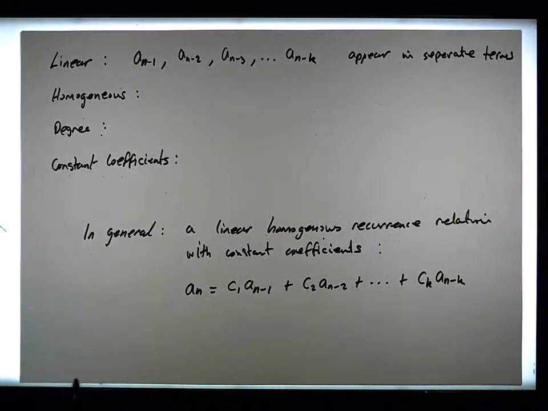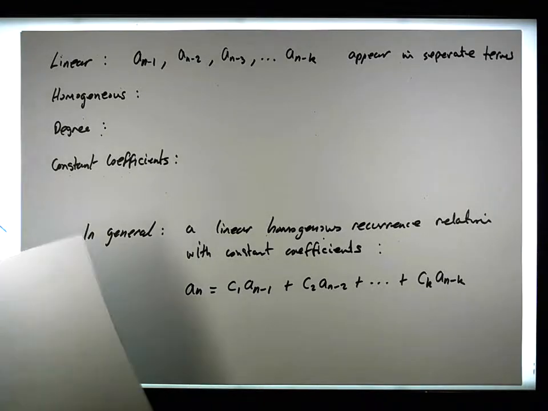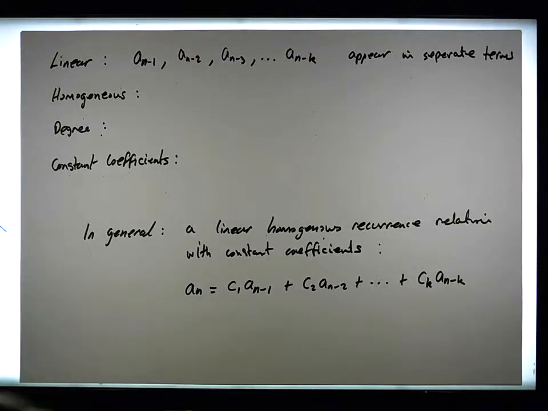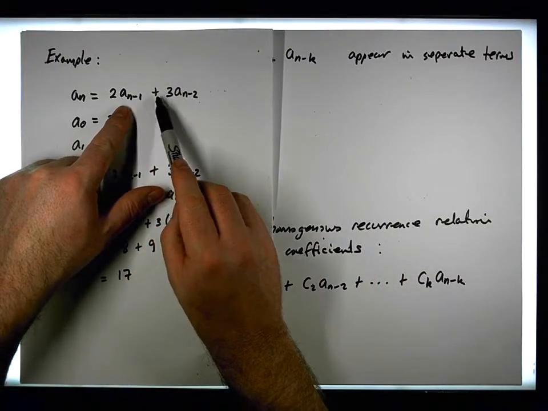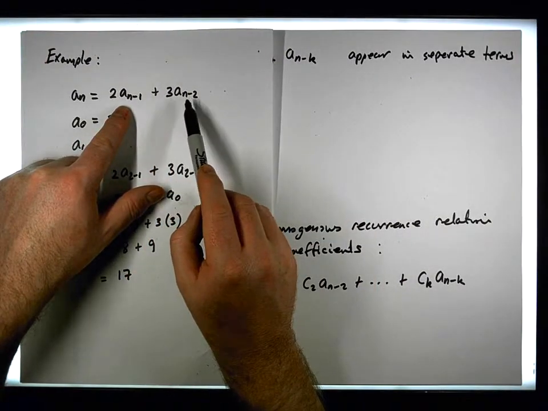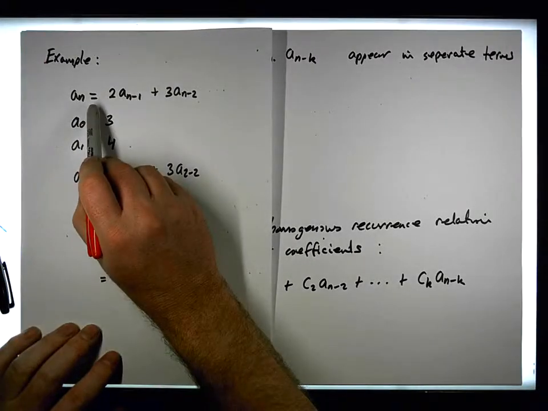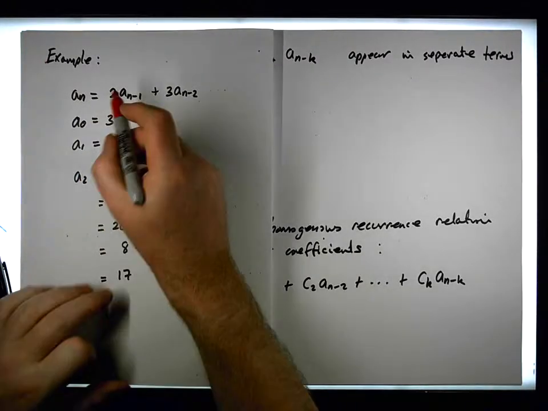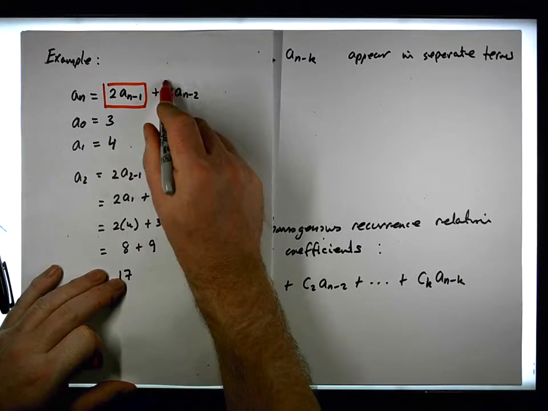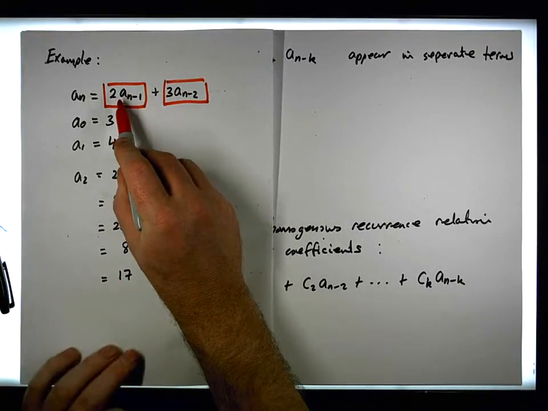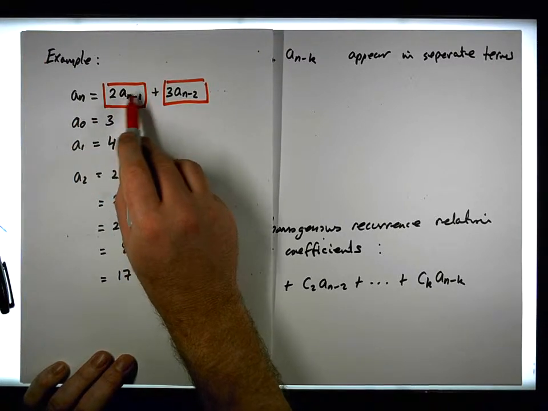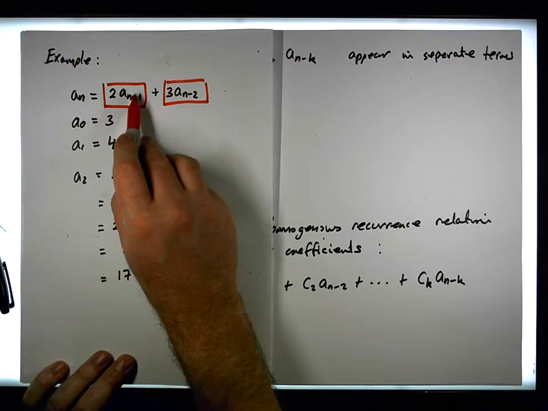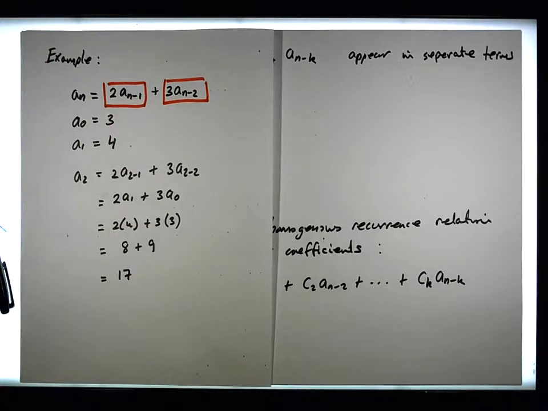The recurrence was a of n is equal to a of n minus 1 plus 3 times a of n minus 2. Don't forget the terms are anything separated by an equals and a plus. So this is a term, and this is a term, and you can see that the preceding terms only occur within the terms themselves. So this is linear.